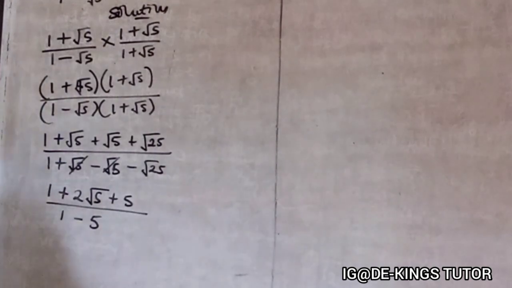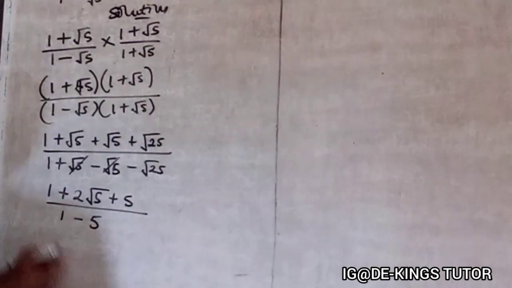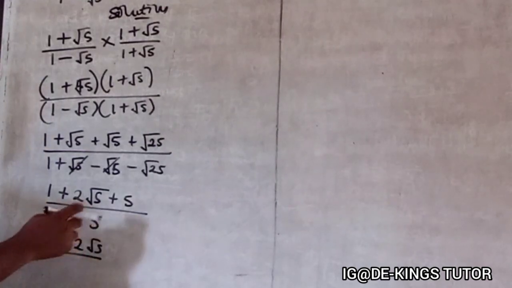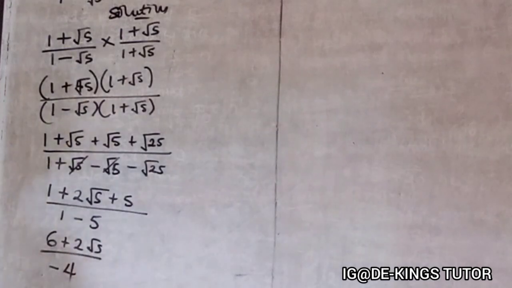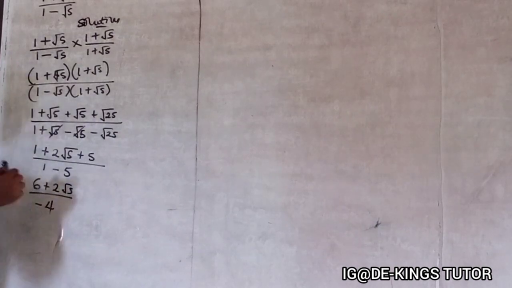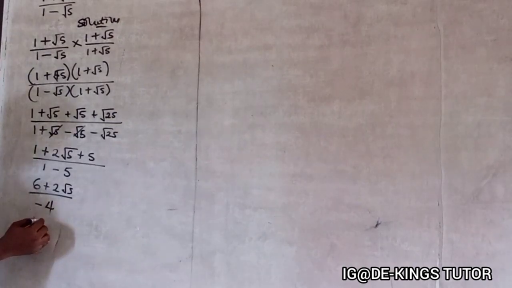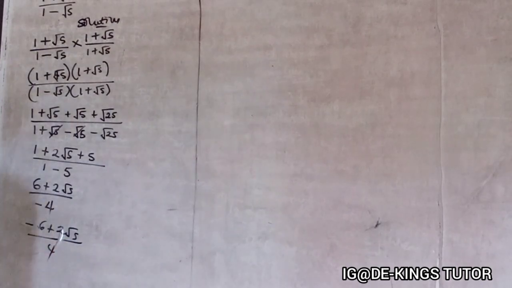So if we simplify further, we'll have 1 plus 5, which is 6, plus 2 root 5 over 1 minus 5, which is what? Minus 4. Okay. So from here now, if we simplify this, we're supposed to avoid having the denominator with a negative sign. So we'll have minus 6 plus 2 root 5 over 4.